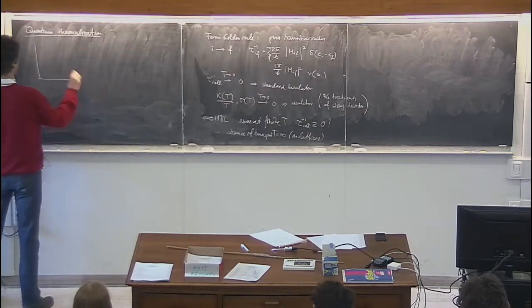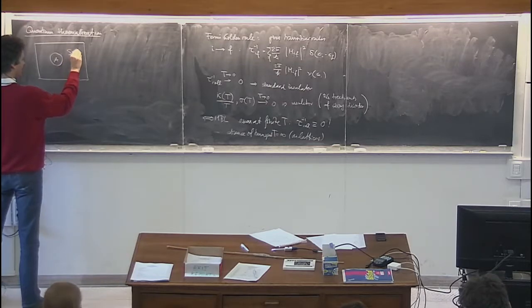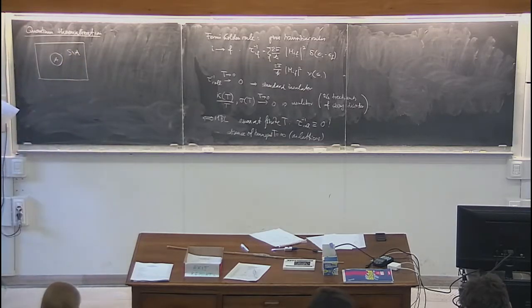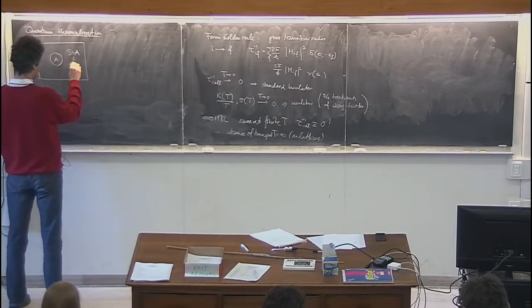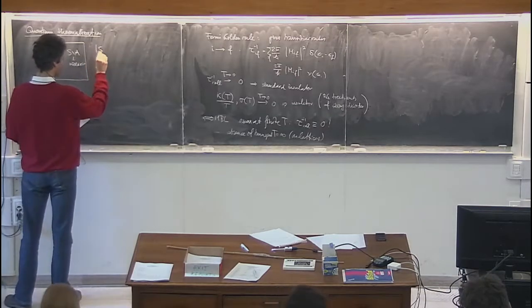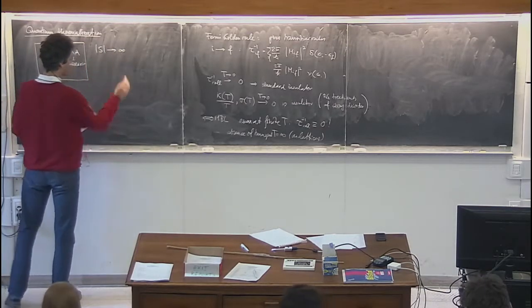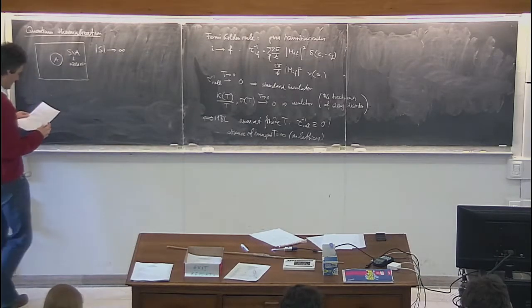So in particular, if you have a big system and you look at a certain subsystem A, and here's the system without A, then this looks like a reservoir for A. And what you should look at is the thermodynamic limit. So you want the volume of the system to go to infinity.